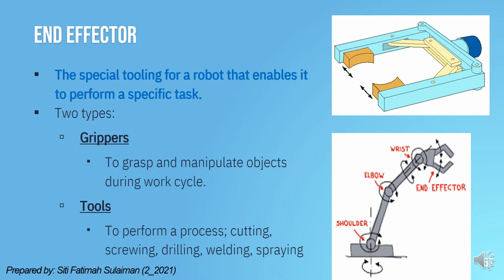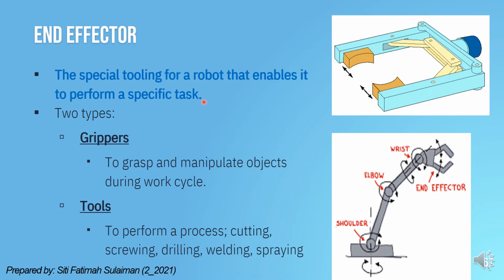As mentioned just now, an end effector is attached to the end of the wrist assembly. In a manipulator, the end effector is special tooling for a robot that enables it to perform a specific task.